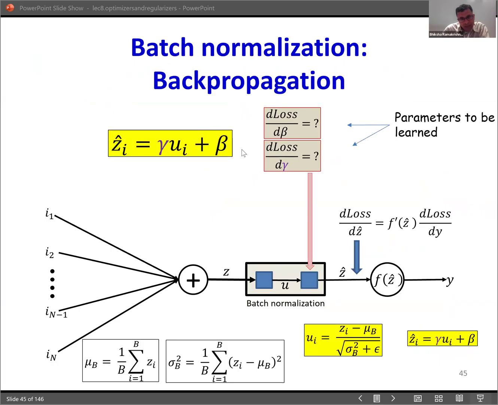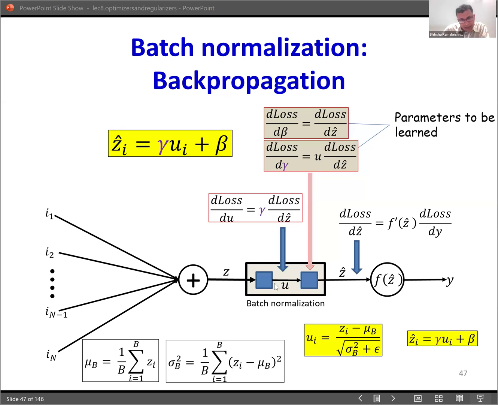Then from this formula, you can get the derivative for beta and gamma. The derivative for beta is simply the derivative of the loss with respect to z hat. The derivative for gamma is the derivative of the loss with respect to z hat times u. You can use these to estimate gamma and beta because you have the derivatives. And taking a step back, the derivative for u is the derivative for z hat times gamma.